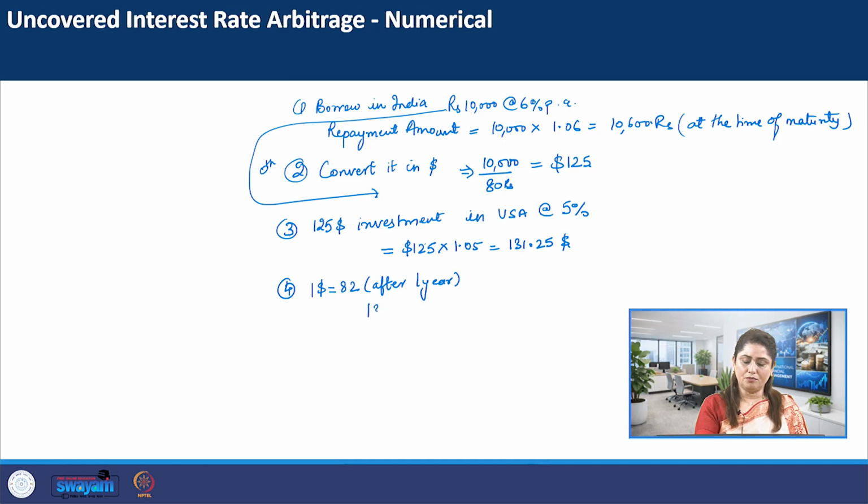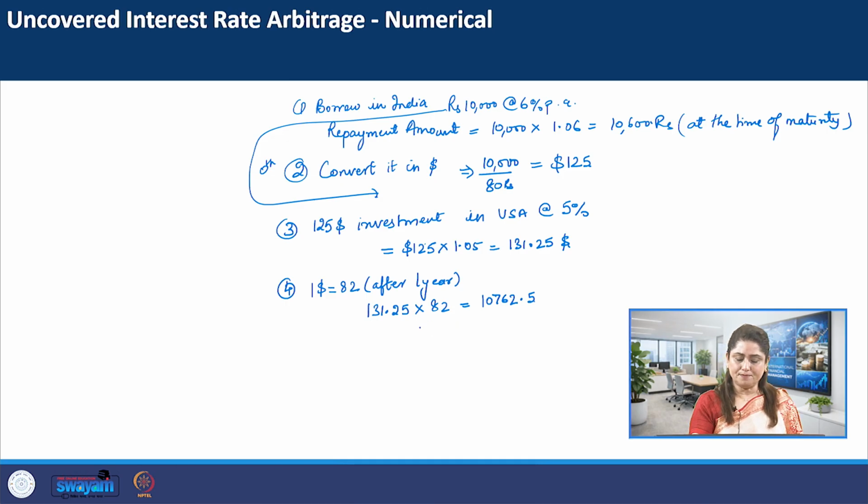So we will multiply $131.25 into 82, and what we are going to get? We will get 10,762.5.